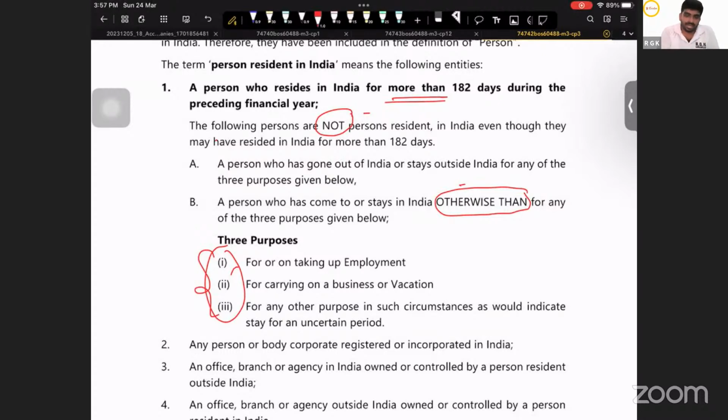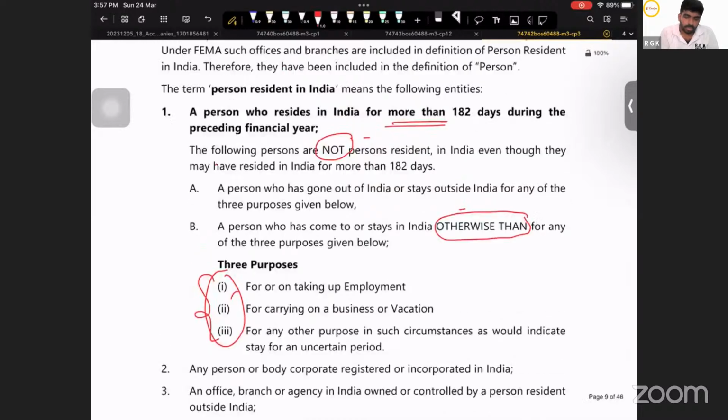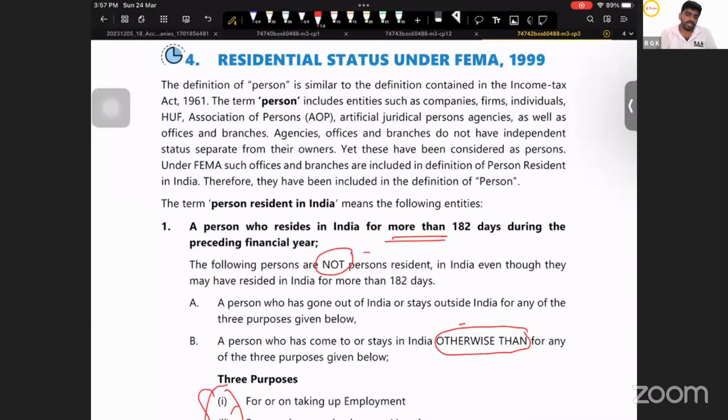Person resident in India is the definition we are going through now. According to the definition given by the Foreign Exchange Management Act, a person who resides in India for more than 182 days in the preceding financial year, and a person who goes out of India or stays outside India for any of three purposes, that means for the purpose of employment, for the purpose of business or vocation.